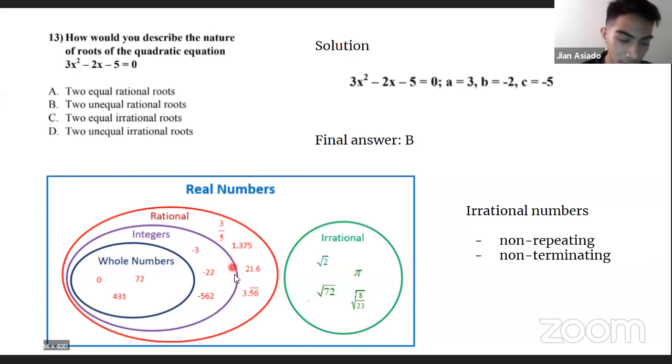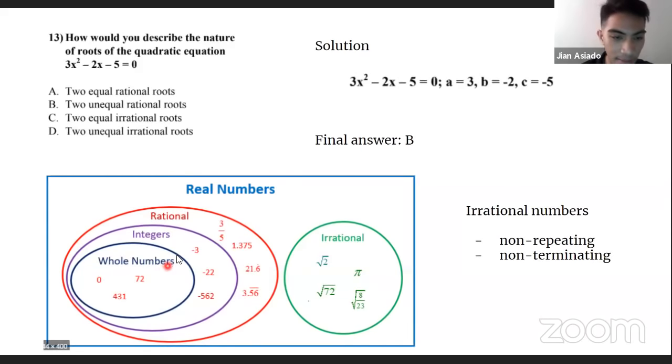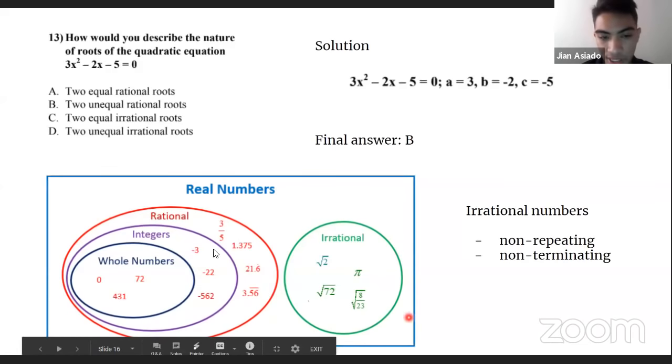And then we also have integers, subset ng rational yung integers. Integers, it ranges from the negative whole number values to the positive infinity. Yun yung nagdi-differentiate sa whole numbers. Yung whole numbers naman is just positive. And then all of these are part of a larger set called real numbers.